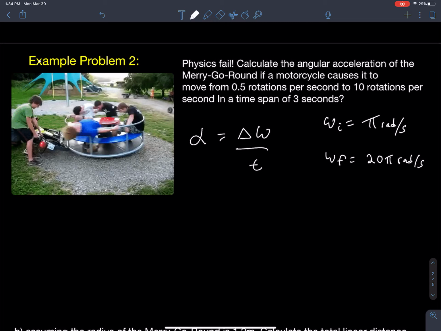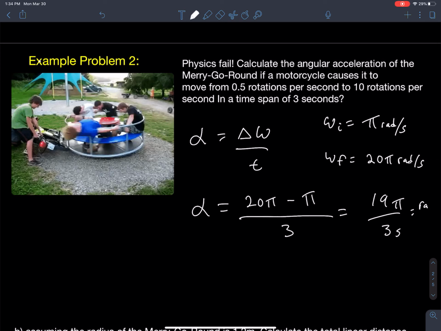So those are those terms. My angular acceleration is going to be 20 pi minus pi divided by 3 seconds. That's 19 pi divided by 3 seconds. That's going to be my angular acceleration in radians per second squared. Oh, that was pretty simple.